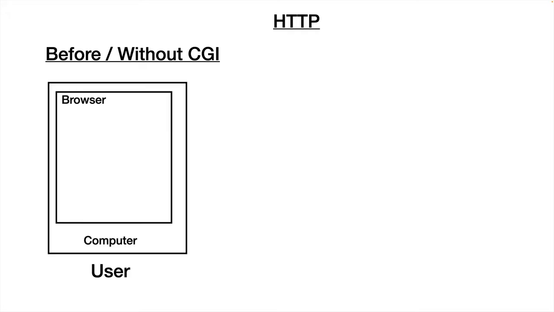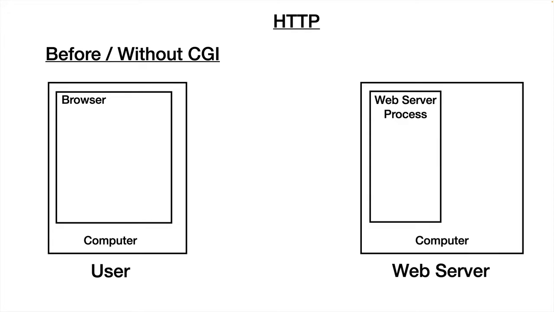So we have a user that's sitting at a computer, and that computer is running a web browser. Somewhere out on the internet, we have a machine that's referred to as a web server because it's running web server process or processes that service HTTP requests.